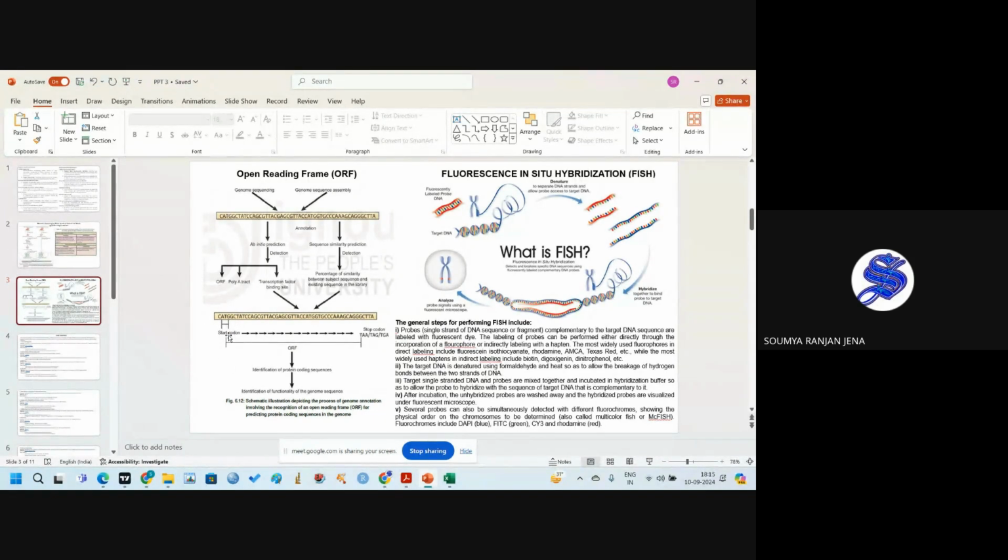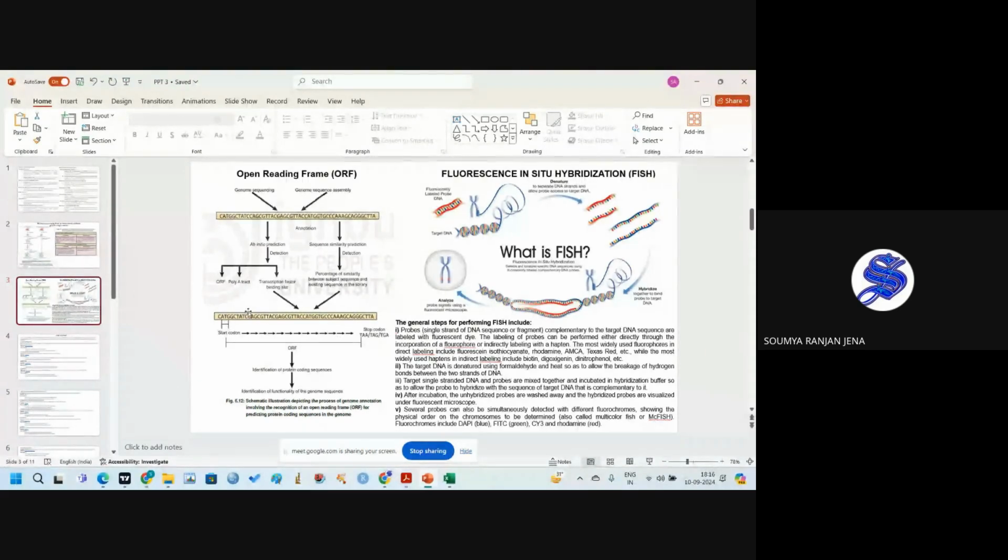As you know, the start codon is AUG, and the stop codons are TAA, TAG, TGA. There are three different stop codons and one start codon. In between, the nucleotides give a protein, as three nucleotides give only one amino acid, and this is called an open reading frame.